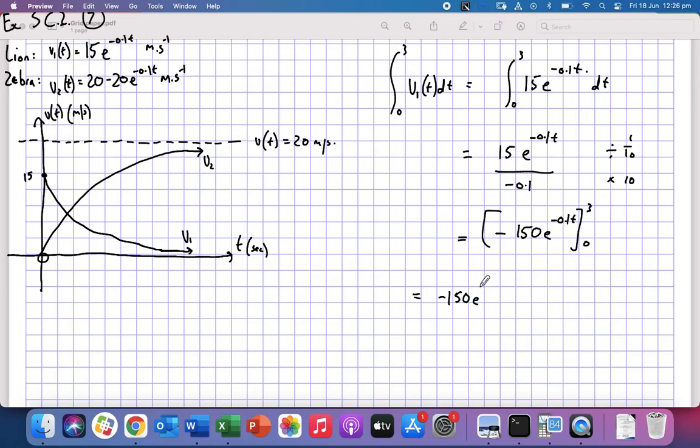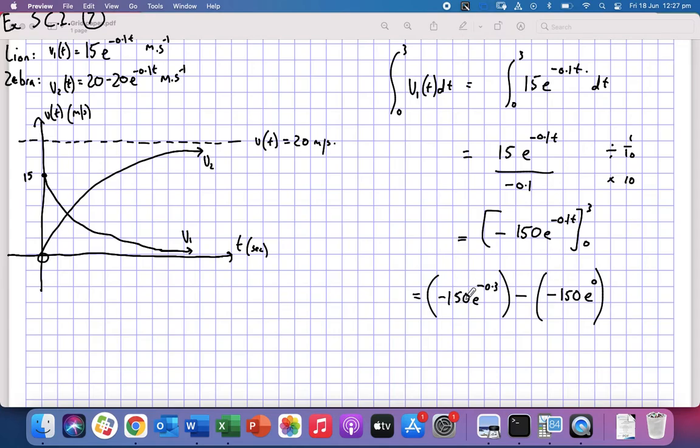It would be 0.3, so it's minus 0.3, minus 150 e to the 0, which will just be minus 150 when you plug that 0 in where that t is, right? So this will end up being plus 150.